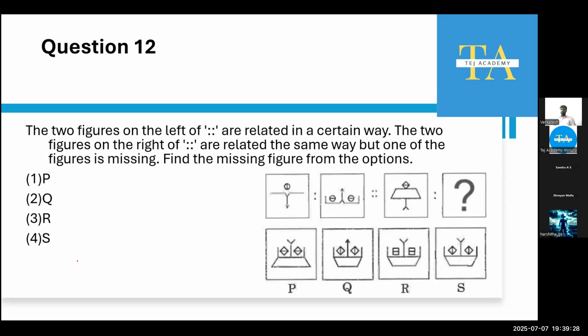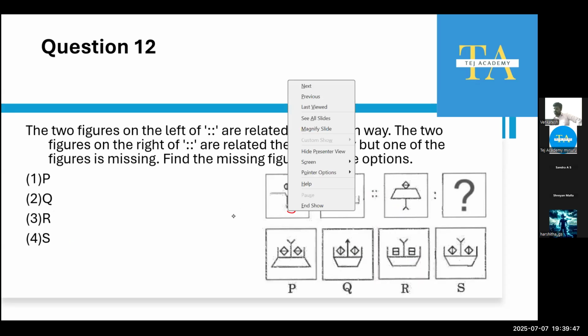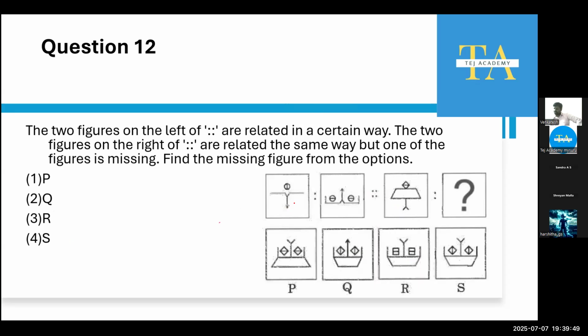Next one, question number 12. You see the figure. Find the missing figure from the options. If you see here, this arrow will come to the top.